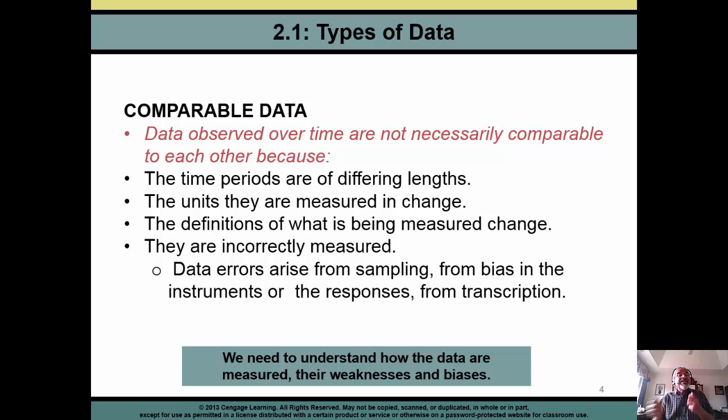So those are inconsistencies that will make forecasting nearly impossible. So you want to make sure that the data that you gather are comparable. The time periods should be of the same length, the units are the same units, and the definition of what is being measured is consistently applied. So these are the things that we need to make sure of so that the data we gather are comparable data.